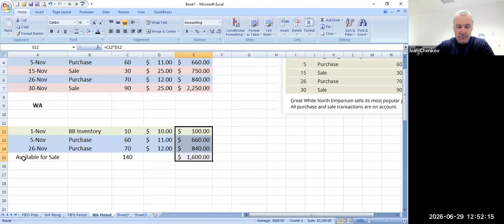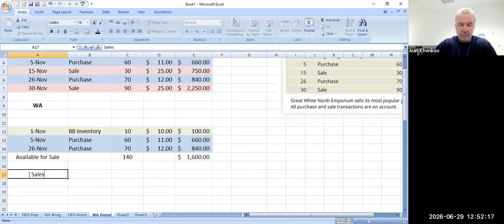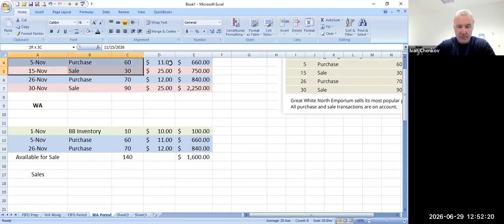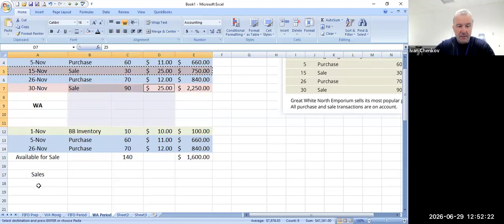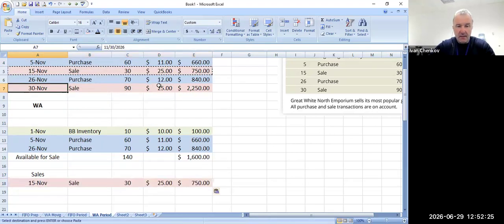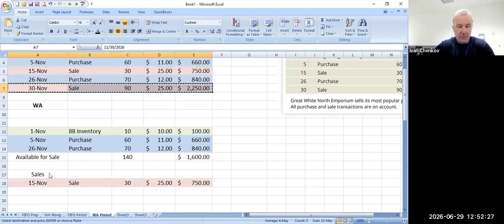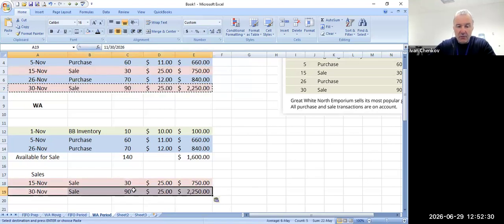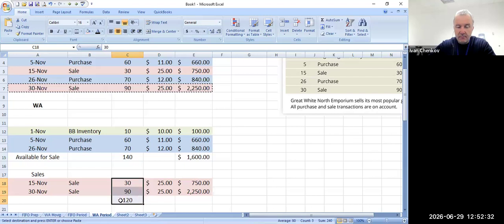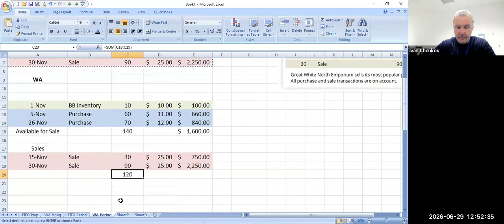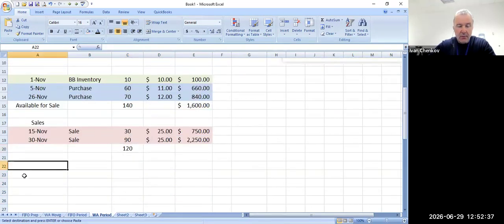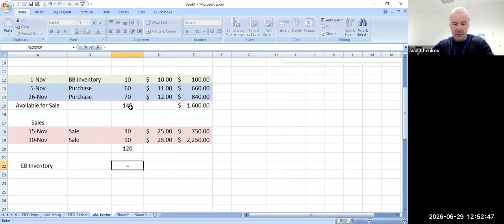Then I know my sales: I have sales on the 15th and on the 30th. I know my total sales. Correct? Now, what I know is my ending balance, and my ending balance is whatever I have available minus whatever I sold.